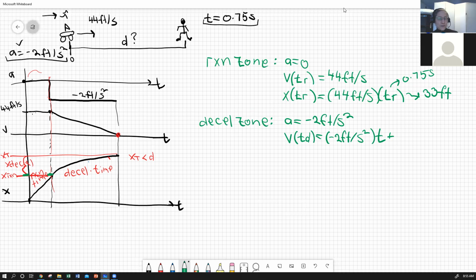When we entered the deceleration zone it was 44 feet per second, because we hadn't started decelerating at that point. And for our position, I'm going to call TD equals 0, XD equals 0. I'm breaking it up, creating a new little set of initial conditions there.